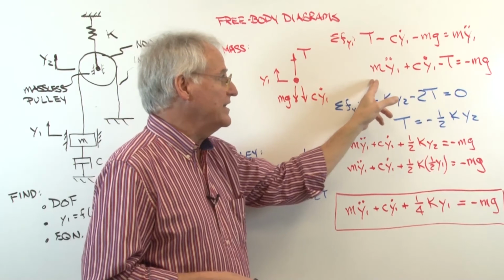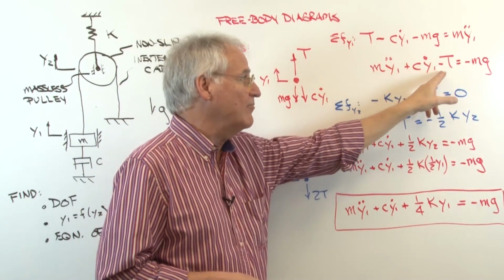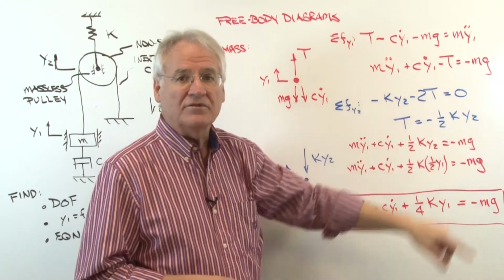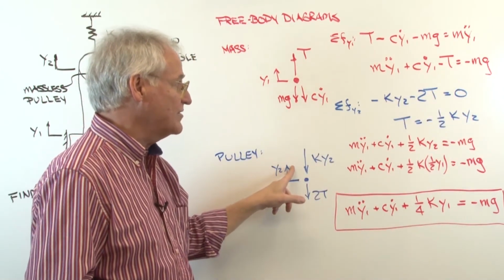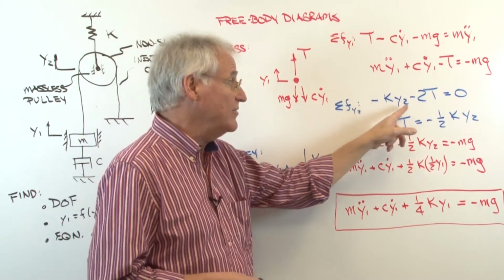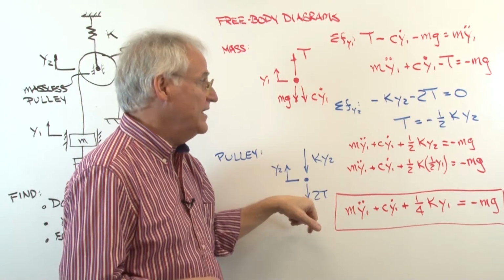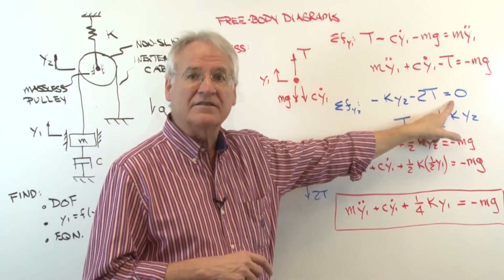Rearranging that, we get this: m Y1 double dot plus C Y1 dot minus T equals minus mg. From the pulley, summing the forces in the Y2 direction, minus K Y2 minus 2T equals 0 because the pulley is massless.